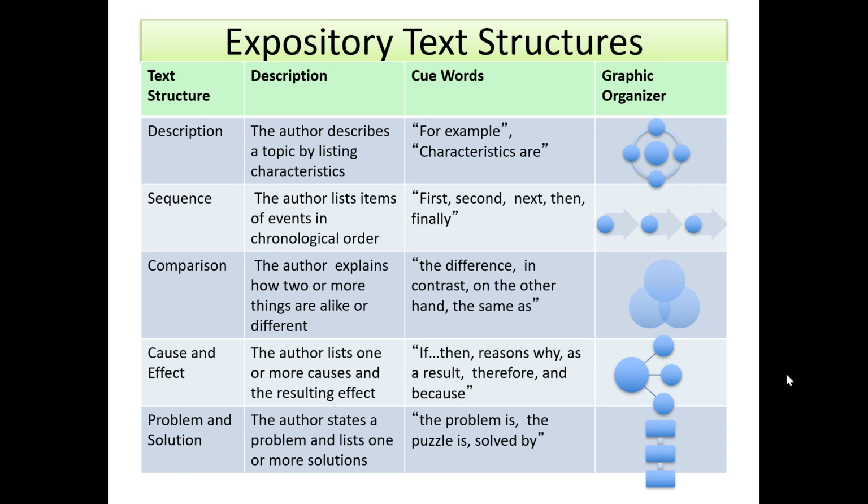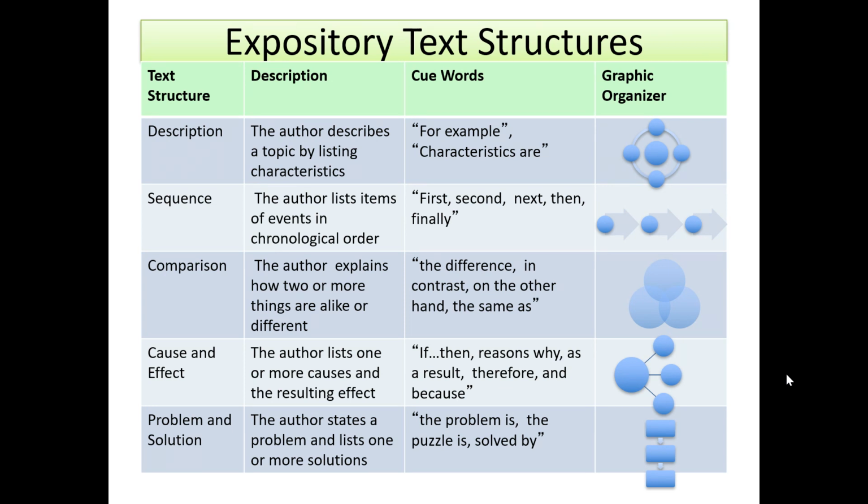The graphic organizer to the right is just a way that students could organize description information. That circle in the center would be the main topic, and then those little dots around it are connected, which are descriptions from the text about that information from the circle in the center.